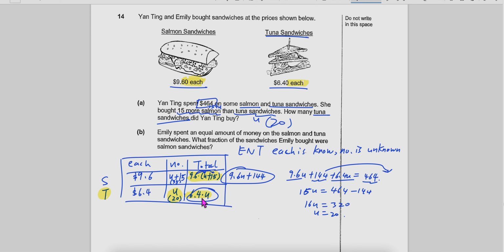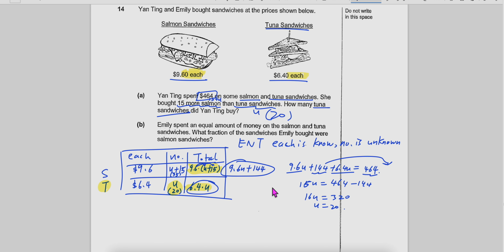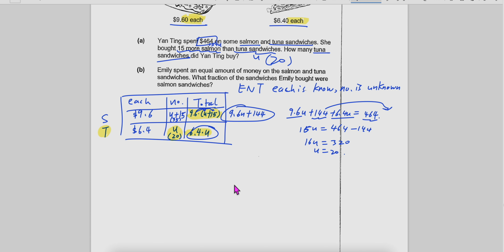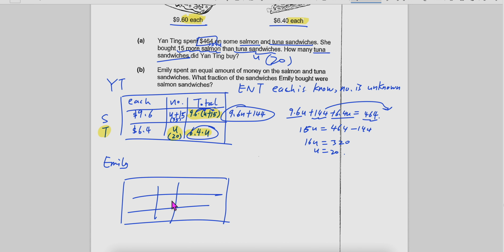Okay? Second part. Emily spent an equal amount of money on salmon and tuna. So therefore you need to create another table for Emily. This is Yanting's table. So this is Emily's table. The table is similar except the total and the each.